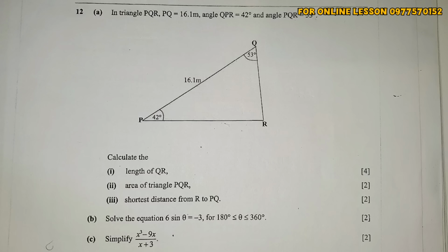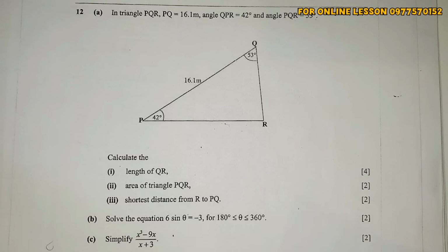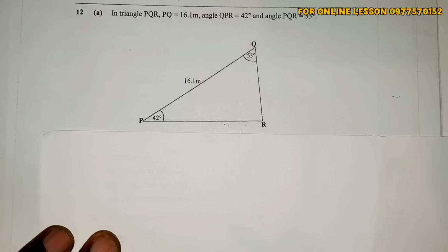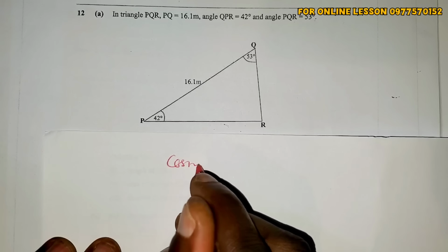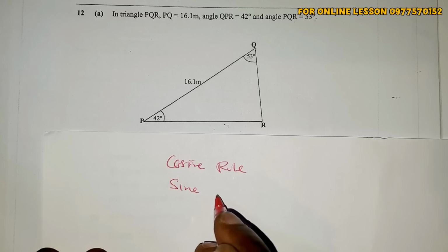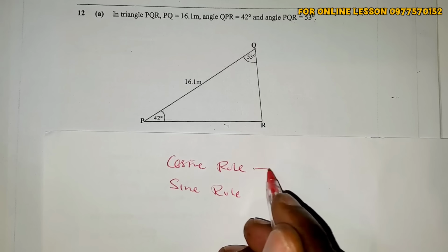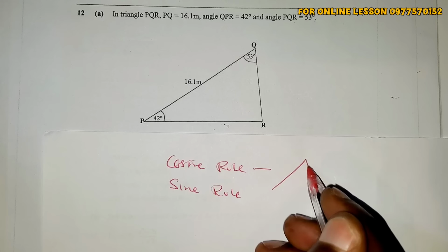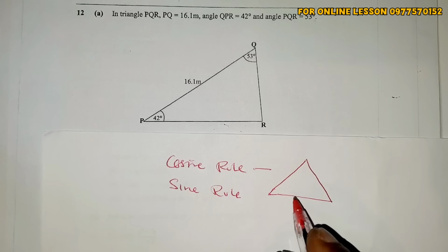Now, my good friends, remember that when it comes to trigonometry, there are two rules that we follow for non-right angled triangles. We have the cosine rule and the sine rule. The cosine rule is applicable when you are given a non-right angle triangle with all the three sides.